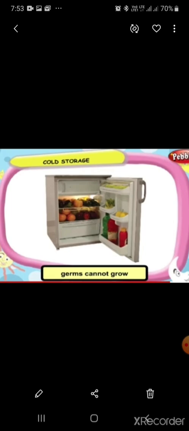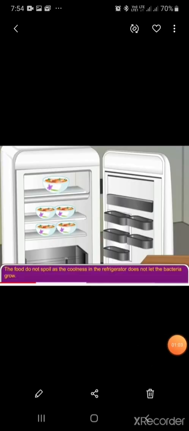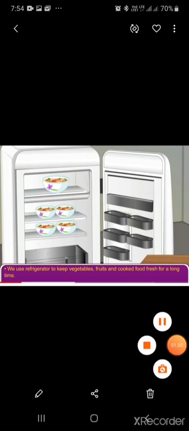Fish and meat can be stored in a deep freezer for months. The food does not spoil as the coolness in the refrigerator does not let the bacteria grow. We use a refrigerator to keep vegetables, fruits and cooked food fresh for a long time.